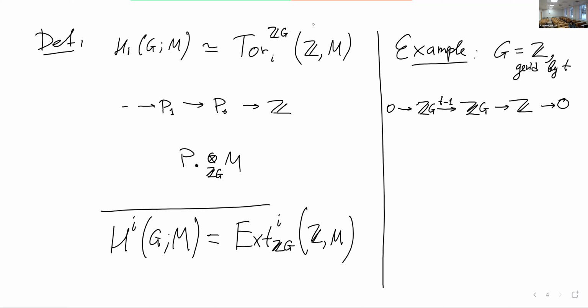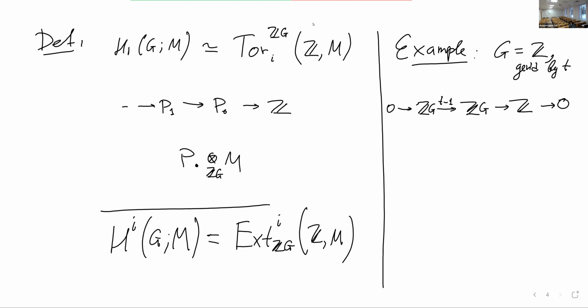So yeah, this should be it. Indeed, if we take this map, what is T? T is the generator of this group. So this map is just taken on it here.